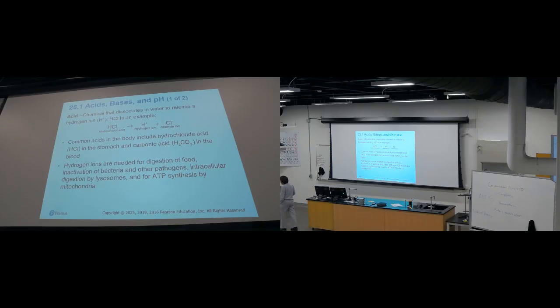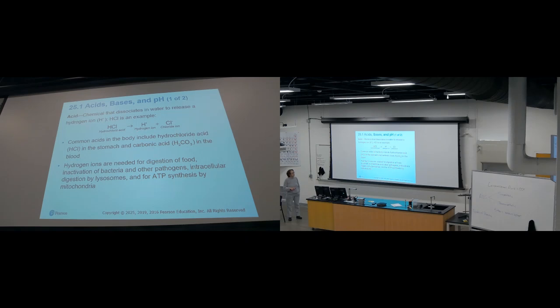For acids, acids are donors of hydrogen ions. So we have this example, hydrochloric acid. Hydrochloric acid can be dissociated or separated into hydrogen and chloride. And these acids can be either weak or strong. In the case of hydrochloric acid, it's a strong acid because when you dissociate it, it completely separates into hydrogen and chloride.